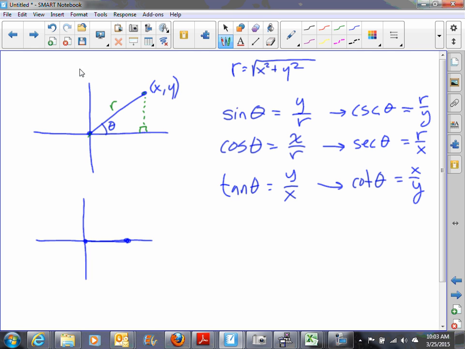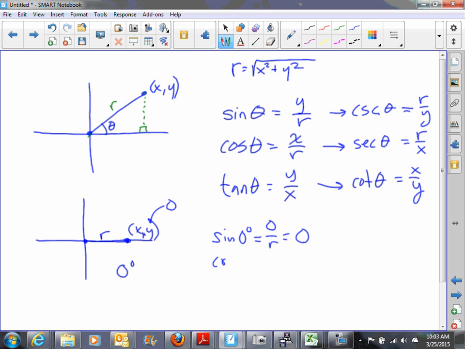So if we have a 0 degree angle, notice this is the point xy, and this is the distance r. Now, with a 0 degree angle, obviously y is 0. So when we get the sine of 0 degrees, we get 0 over r, which is 0.